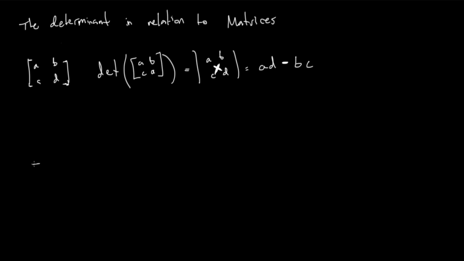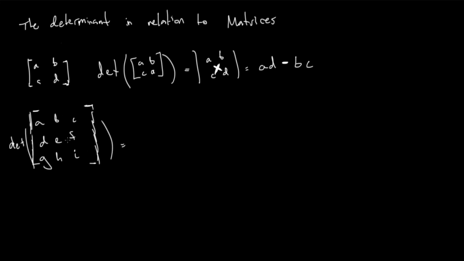The determinant of something a little bit larger, A, B, C, D, E, F, G, H, I, the determinant of this larger matrix, is going to look very similar to what we just derived the cross product to be.